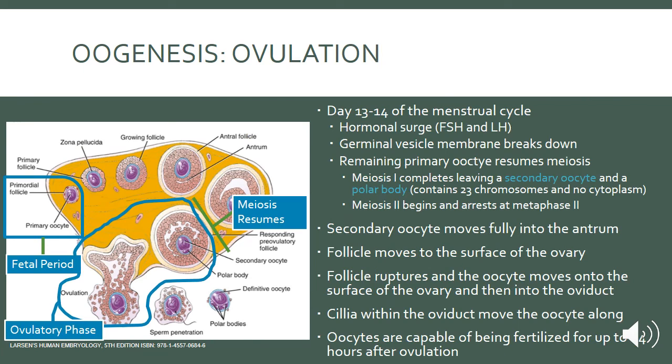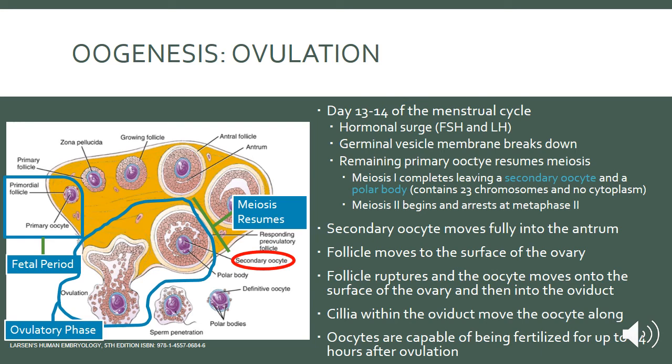Okay, so during ovulation, by day 13 to 14, we're starting to see a surge in two particular hormones, the follicle stimulating hormone and the luteinizing hormone. These are going to trigger the continued process of ovulation. So the germinal vesicle, that was our enlarged nucleus swollen with fluid protecting the DNA, starts to break down, and that allows the primary oocyte to pick up with meiosis.